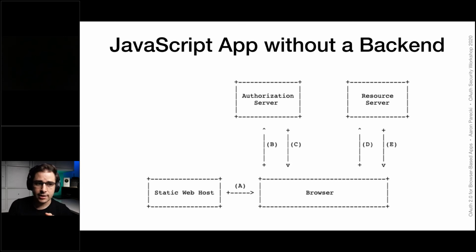The downsides to this are that the browser actually has to hold on to the access token. It probably won't get a refresh token, but I don't believe we've enforced that here, because it's up to the authorization server policy to decide whether or not it would get a refresh token. The downside is that the browser has to hold on to the token somewhere, and there isn't really a good storage API in browsers yet.